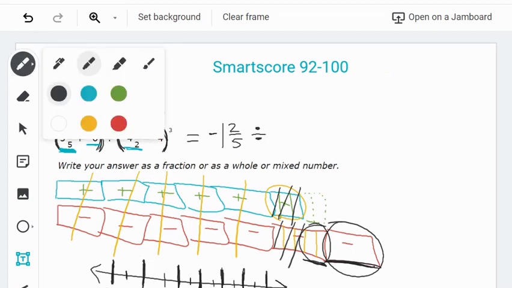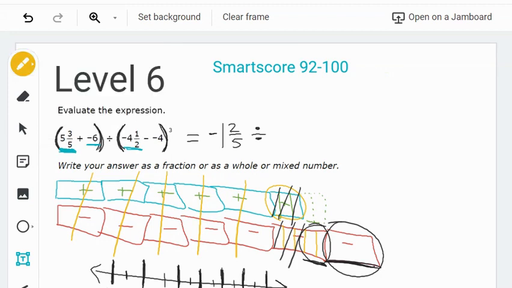So in this problem, I would start at -4.5, and I'm subtracting, so we're thinking left. Subtract means going left, but since we're subtracting a negative number, I go the opposite direction, so I'm going to go right 4. And I'm going right 4 wholes.